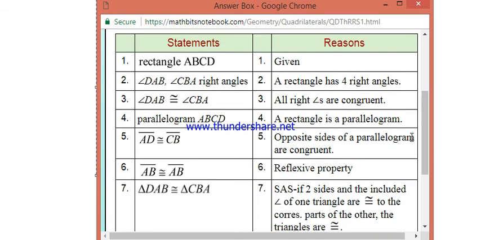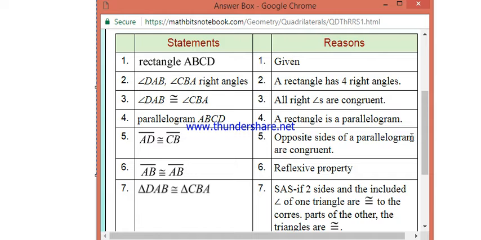Number 2, angle DAB and angle CBA are right angles, since the definition of a rectangle has 4 right angles. Next, angle DAB is congruent to angle CBA, since all right angles are congruent.